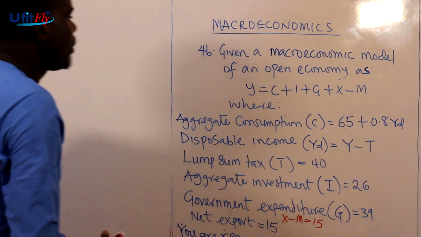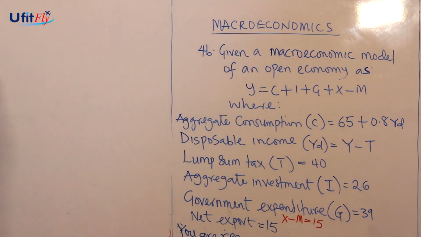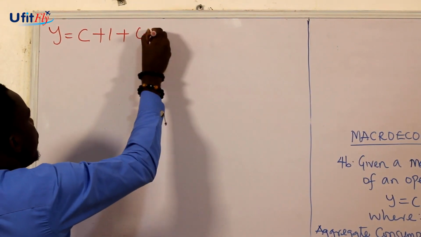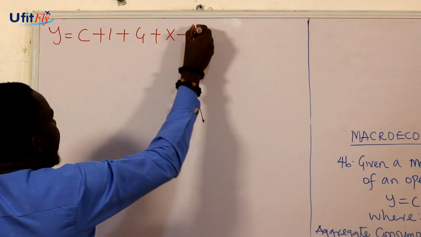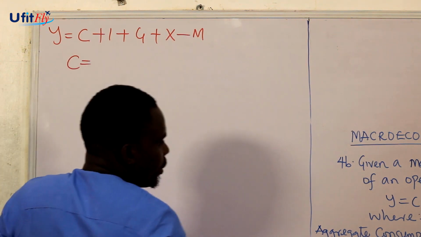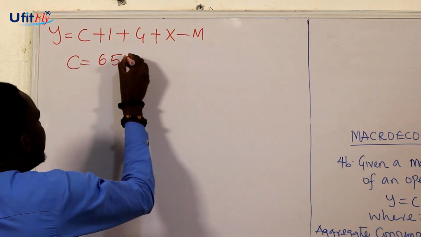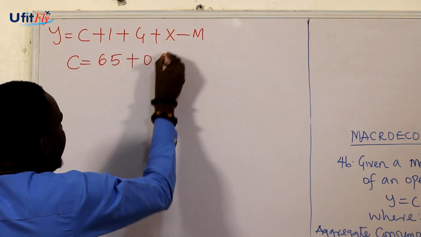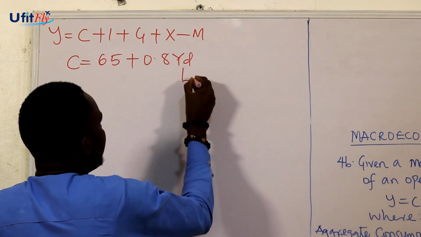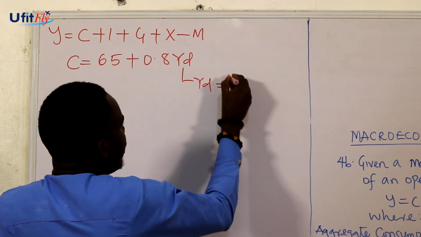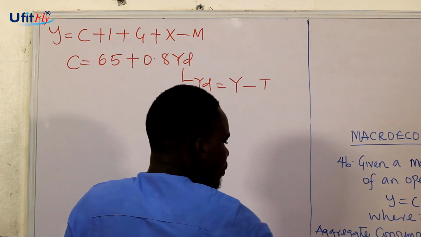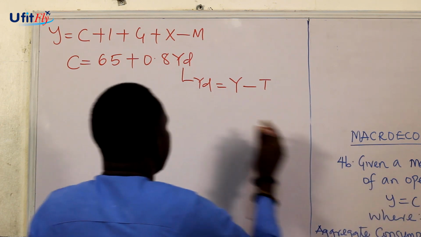So, let's move to the solution. From the question, Y equals consumption plus investment plus government expenditure plus export minus import. Let's start with consumption. Consumption from the illustration is 65 plus 0.8 YD. We were told that YD is Y, which is income, minus tax. Also, tax has been given as 40.